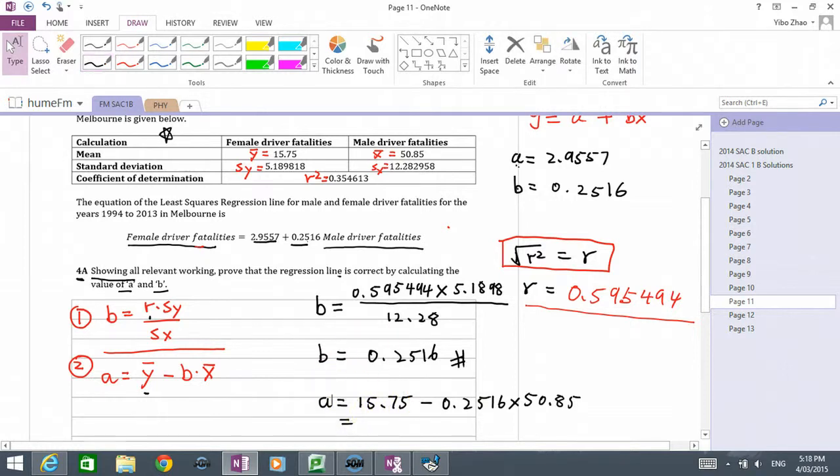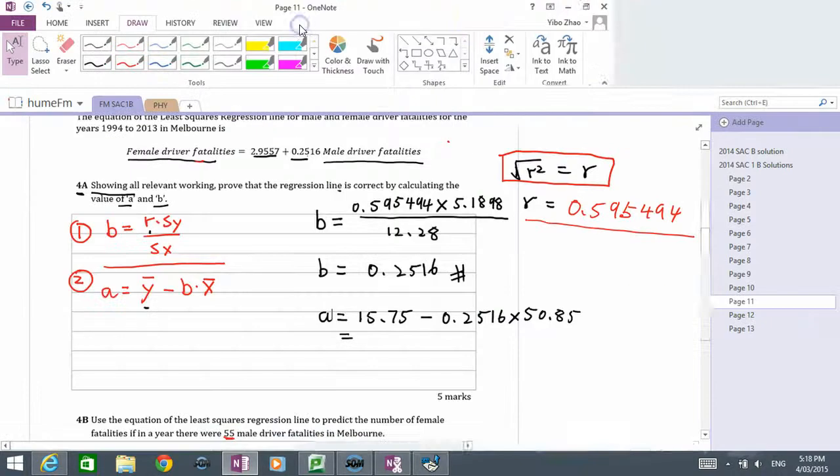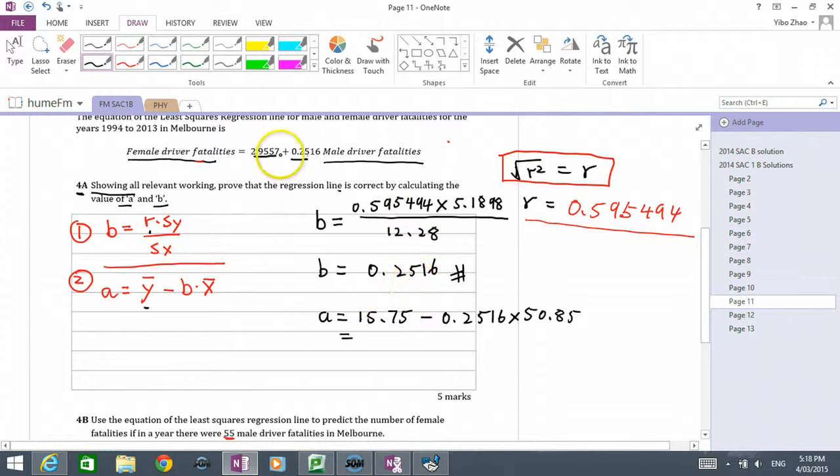Again, type this in your calculator. You can do it in your own time. You should have the number 2.9557. If you write it down, done. The question is done.